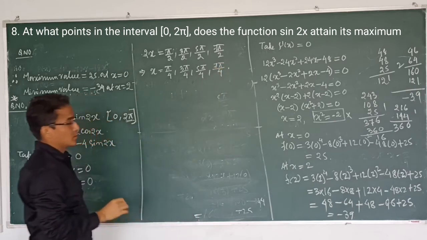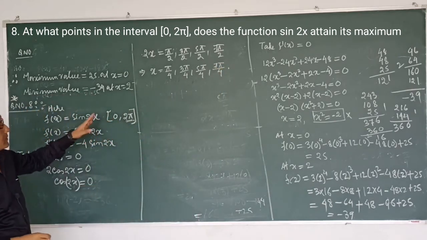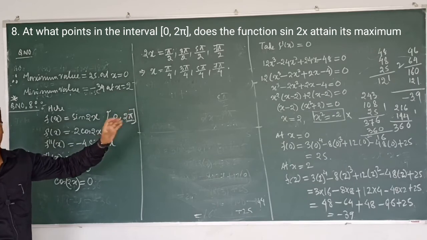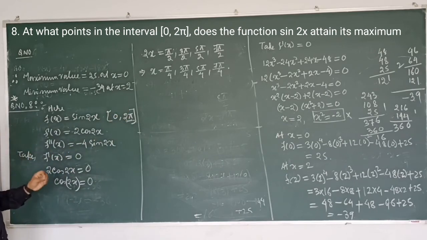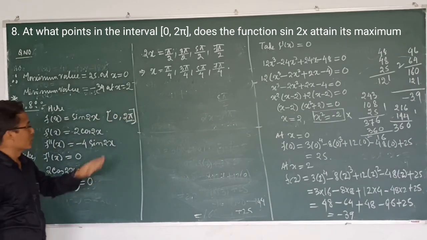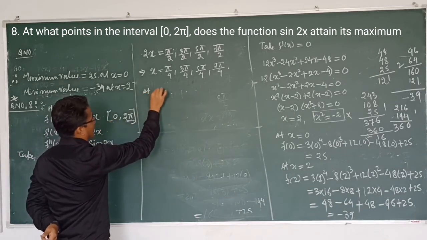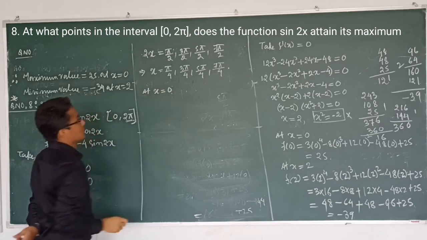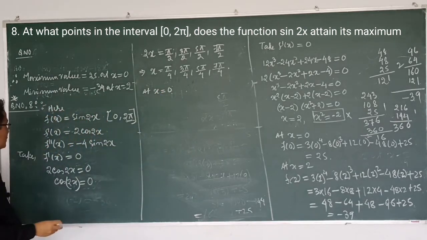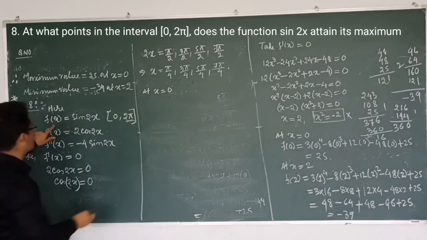These are the values of x we will get. Now we will see the value at all of these points. So we start from x equal to 0.